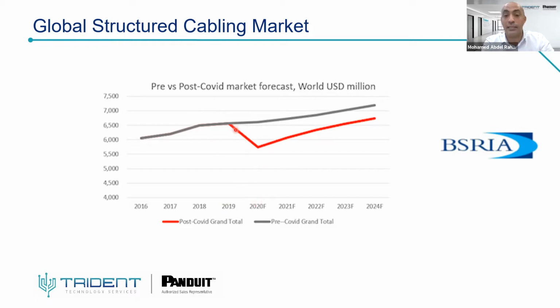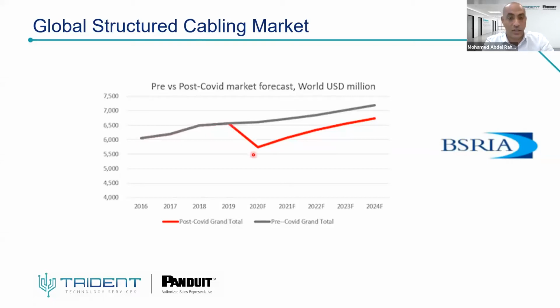In 2019, the market for the structured cabling system was around $6.6 billion, and it declined to $5.8 billion in 2020. BSRIA expects that it will not return to 2019 sales before 2023.